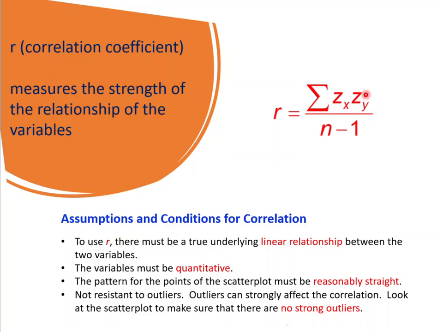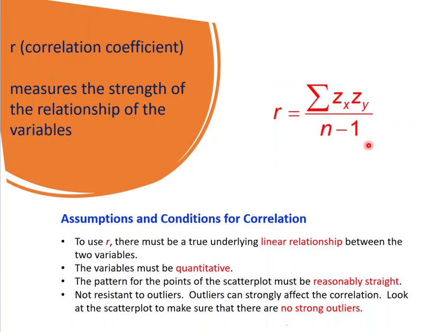So z-scores had to do with standard deviations and means. And you'll notice here that to calculate this correlation coefficient, I'm going to take the z-scores for my x variable, the z-scores for my y variable, multiply them together, sum them up, or add all of those products together, and then divide by n minus 1.